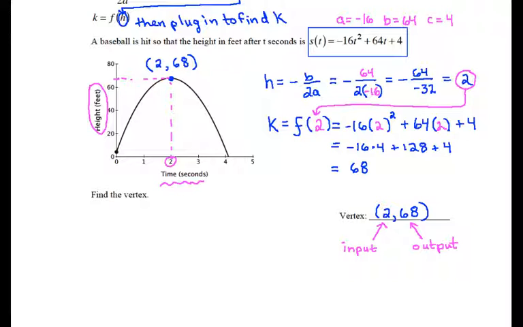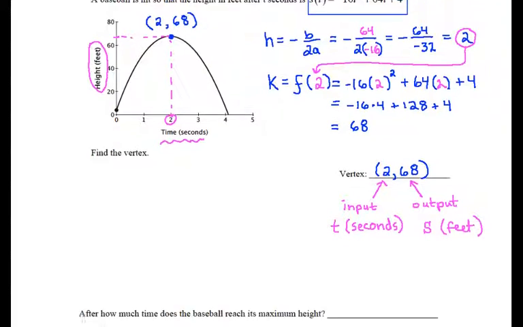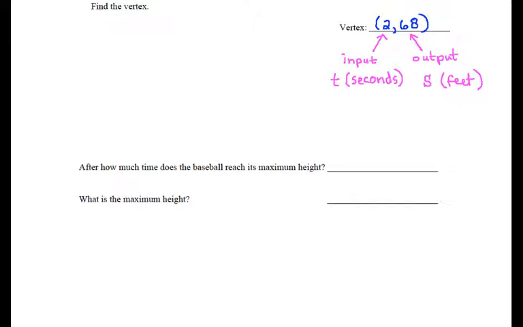My input variable is t, which is time in seconds. My output variable is s, or s of t, which is height in feet. So just by assigning these numbers to an input and output variable, I can also figure out what they would have to represent.